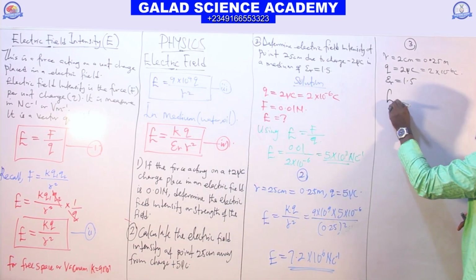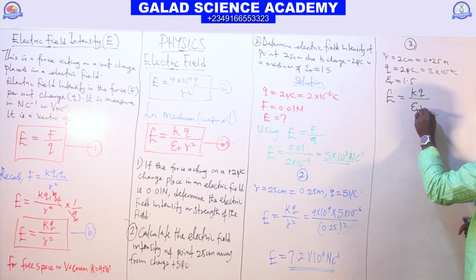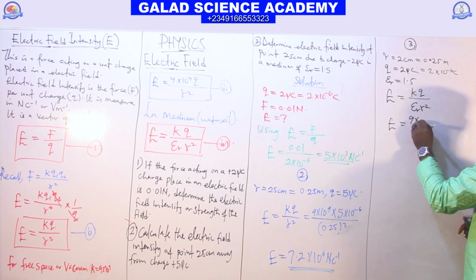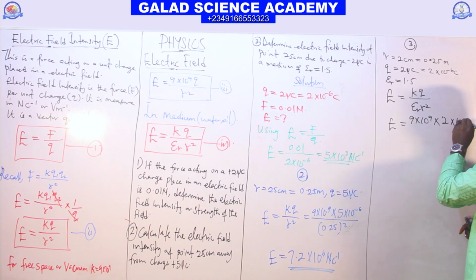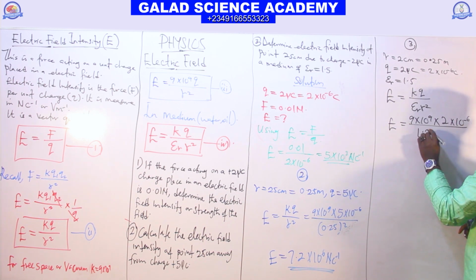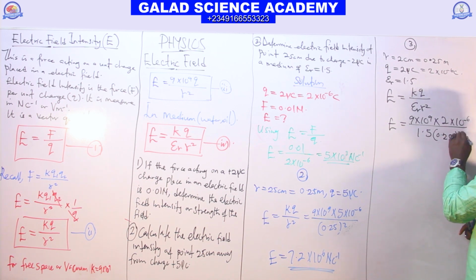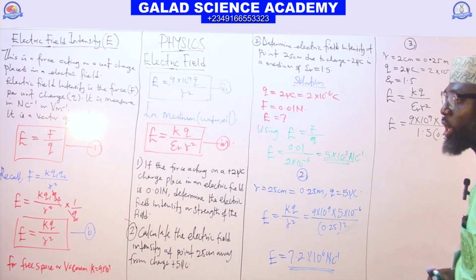So the electric field intensity will be E equals K Q over epsilon r R square. E should be 9 times 10 raised to the power 9, multiplied by 2 times 10 raised to the power minus 6, everything over 1.5, which is the medium, multiplied by 0.25, everything squared.